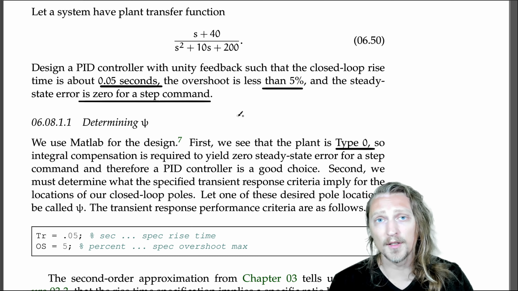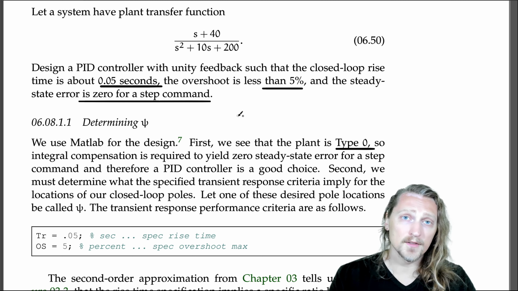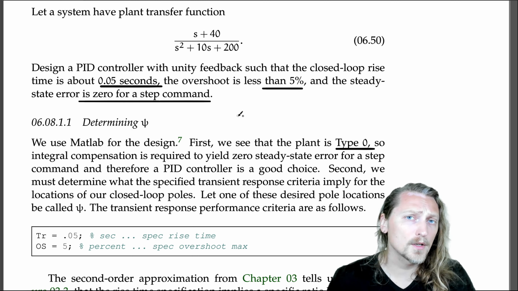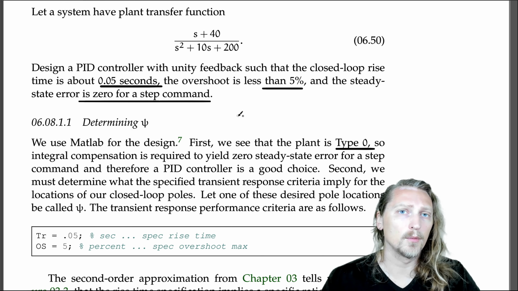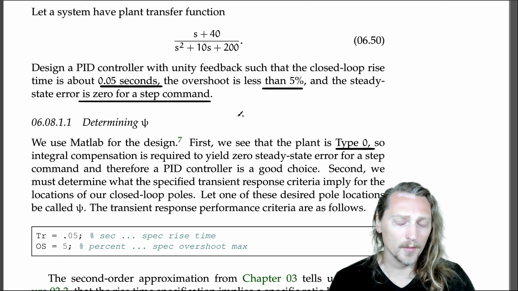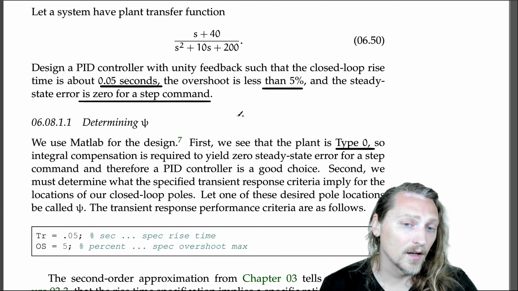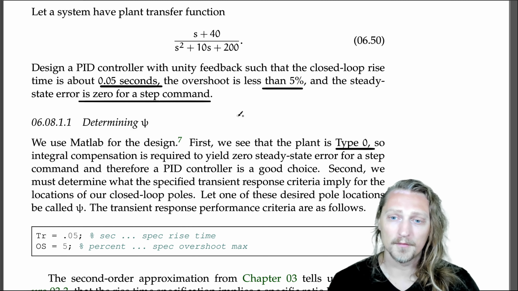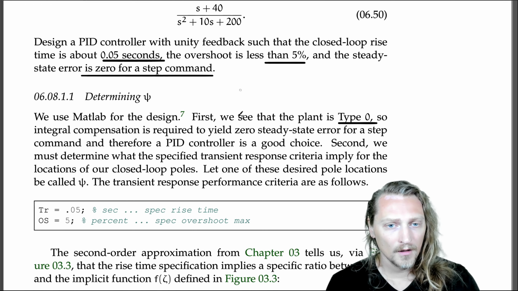P and D are going to be used primarily to meet the transient response requirements. And of course, we always have an implied assumption that we should have a stable system here too. So our stability requirements are not explicit in this problem, but we'll of course want a stable system that is created when we include the controller.